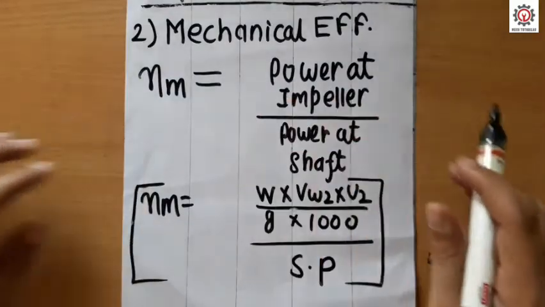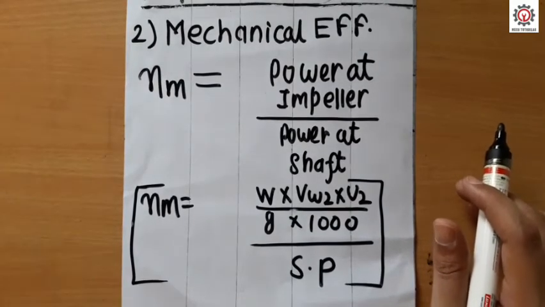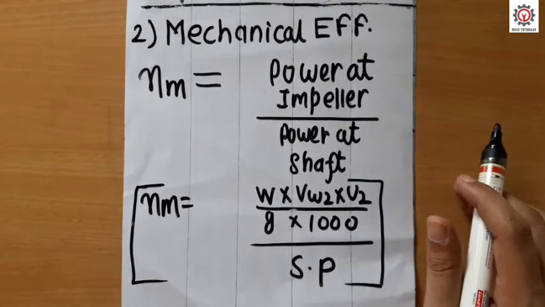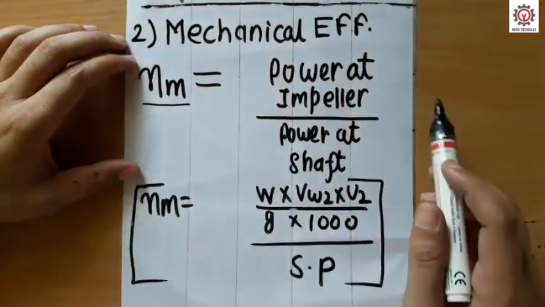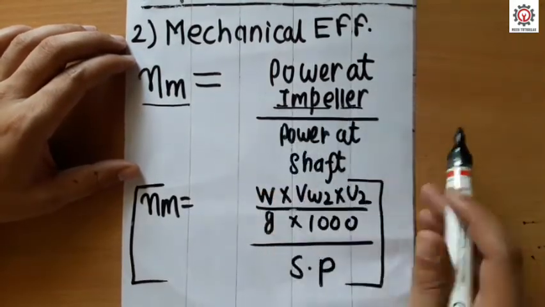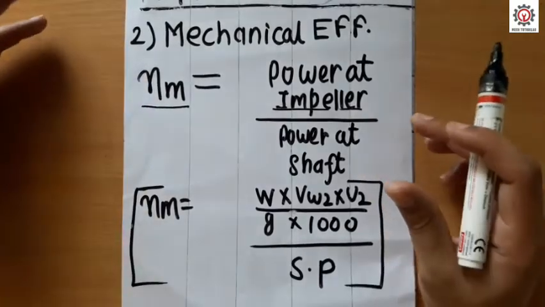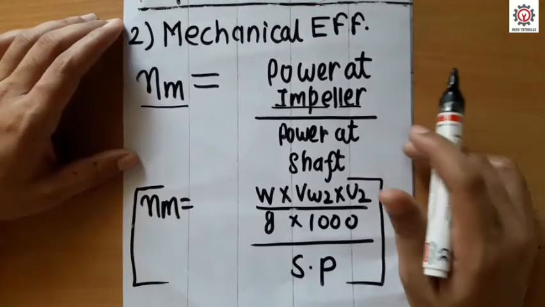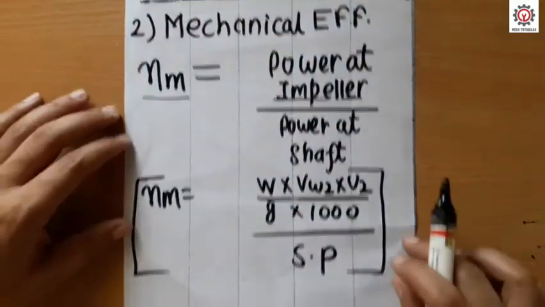The second one is mechanical efficiency. Mechanical efficiency means power transmission between two mechanical parts. It is represented by eta m. The impeller is a mechanical part, and the shaft is also a mechanical part, so power is transmitted from the shaft to the impeller. The power at the impeller divided by the power at the shaft is called mechanical efficiency.